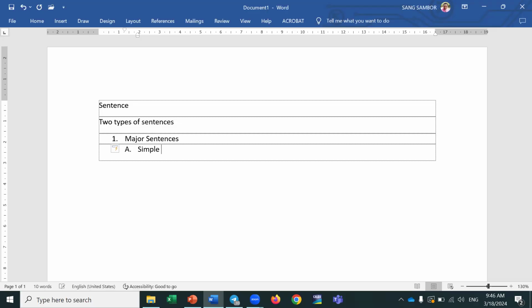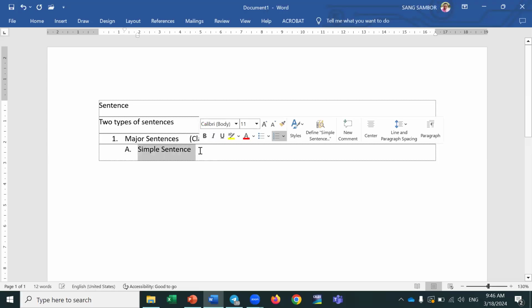simple sentence. As mentioned, at the moment we need to find a term, which is called clause. A sentence, as I mentioned, that contains only one clause is called simple sentence.